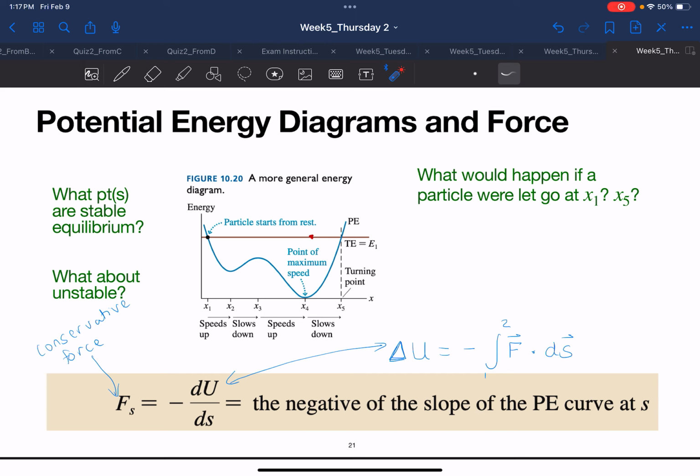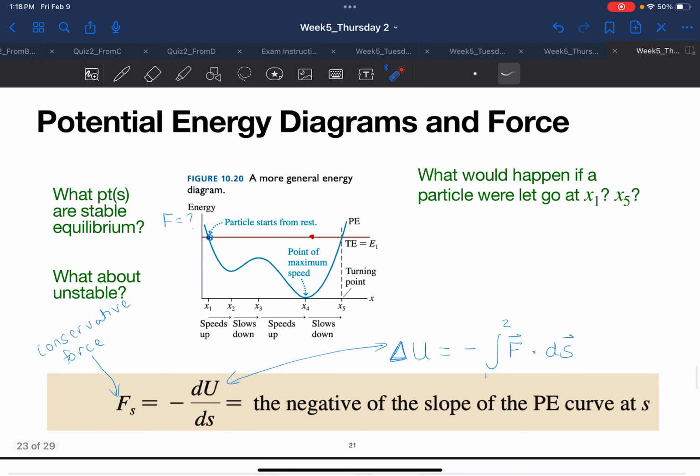Additionally, let's take a look at this potential energy function that is given to us. And let's say we're looking at some particle that starts from rest in this potential energy function. Well, let's take a look at starting here. What sort of force would this particle feel according to our understanding of the relationship between the force and the potential energy function?